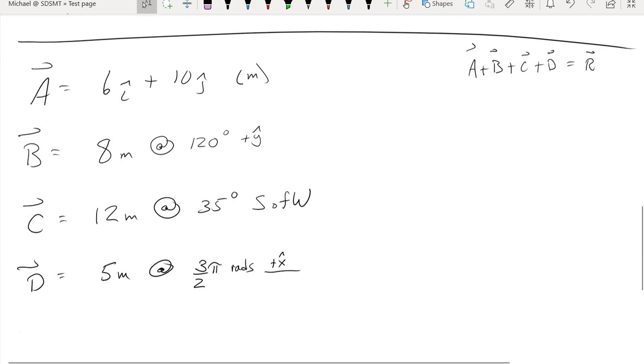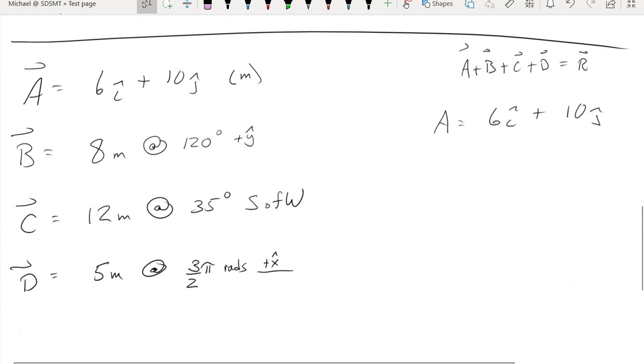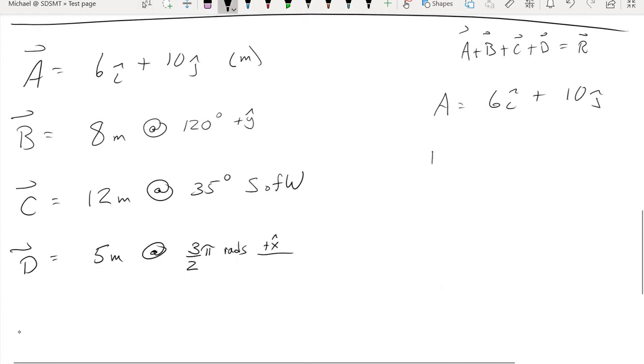And I've said it multiple times already, but the best approach for combining vectors is components. And so I am going to take the time to convert all of my vectors into component form. A is already in component form, so it's ready to go. But I have to figure out what are the x and y components of the other three vectors.